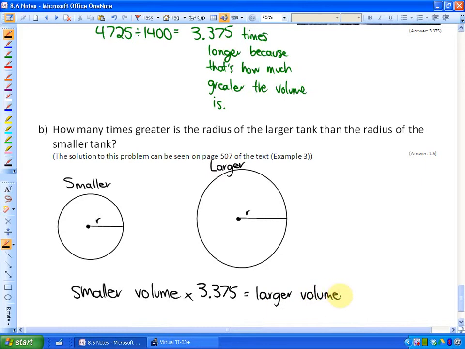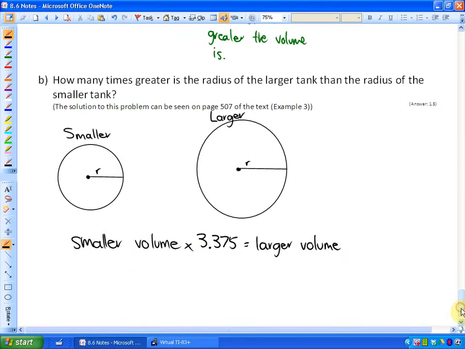However, that does not mean that the scale factor or the larger radius is 3.375 times larger. This is scale factor, whereas this here is the relative volumes. Now, a little bit of a tricky question, but since we know the relationship between the volumes, we also have a formula to deal with that.